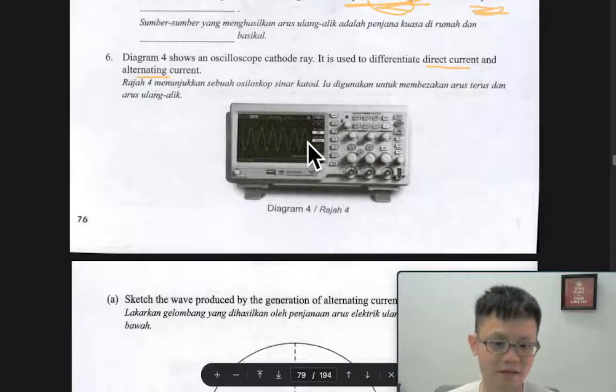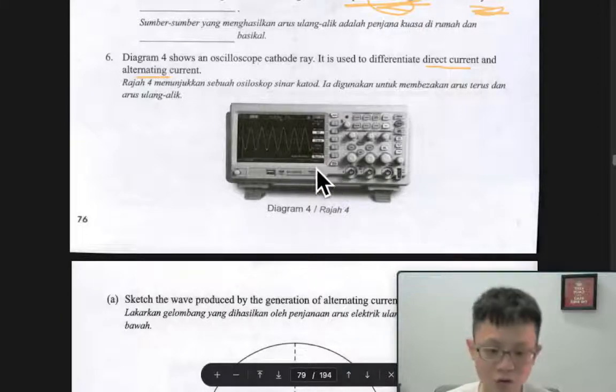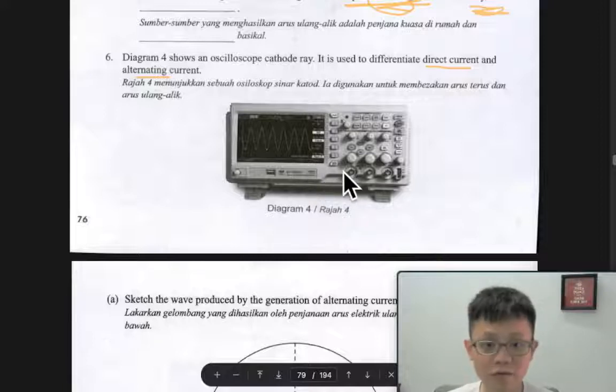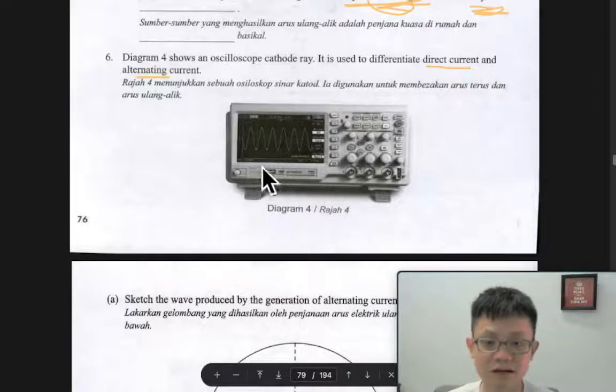We know that the person died already. So this also we use to know the current, whether it is direct current or alternating current. And also we use this in the hospital to ensure that the person is still living and breathing. Of course, this is very good for the doctor.